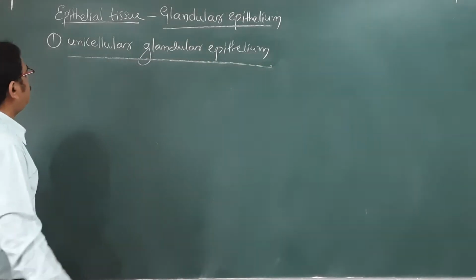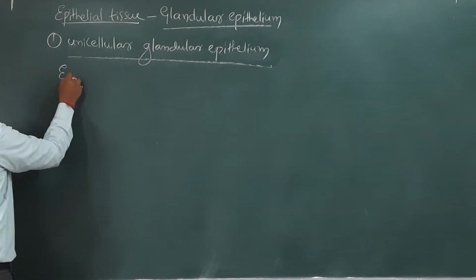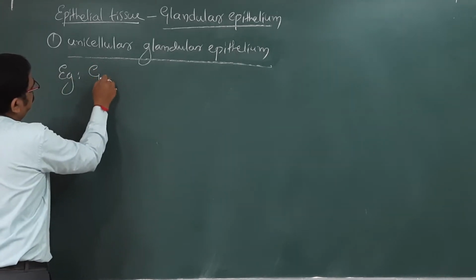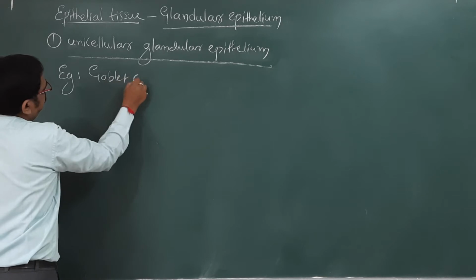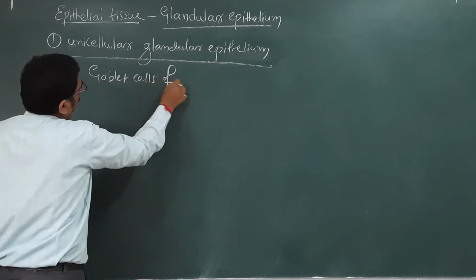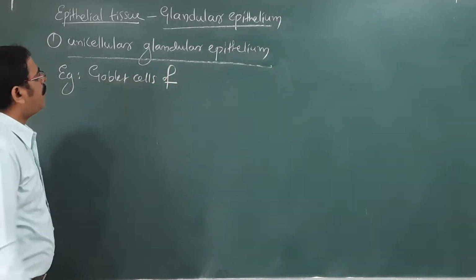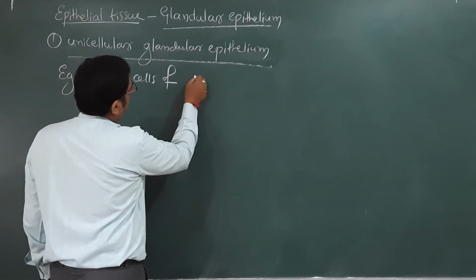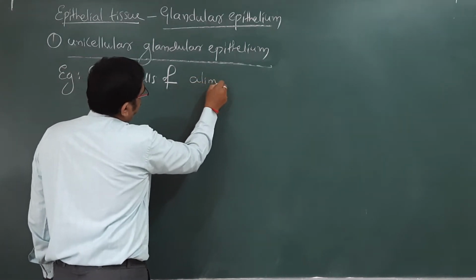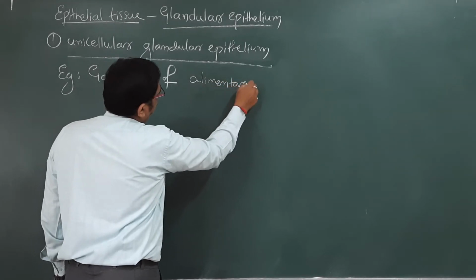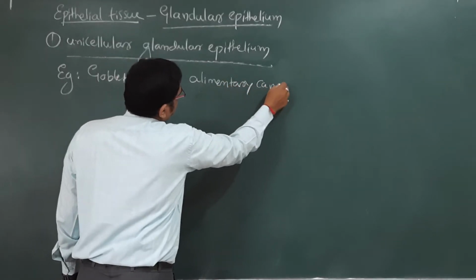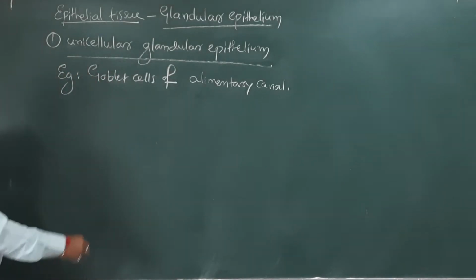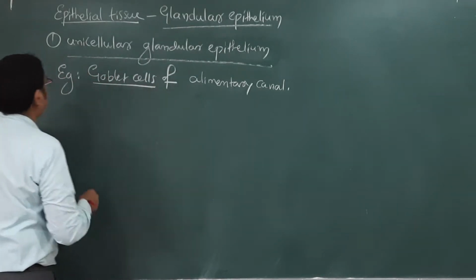The best example of unicellular glandular epithelium is the goblet cells of the gut, or alimentary canal, or digestive system. We call them goblet cells or mucus secreting cells.